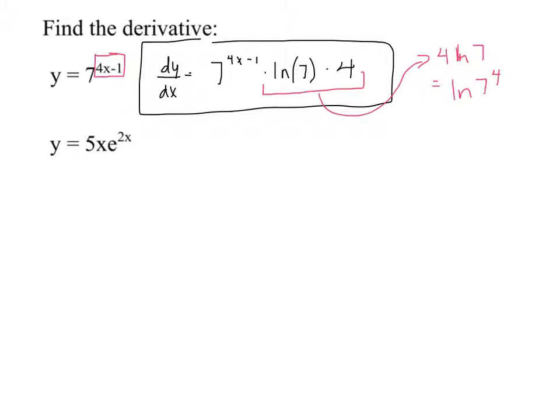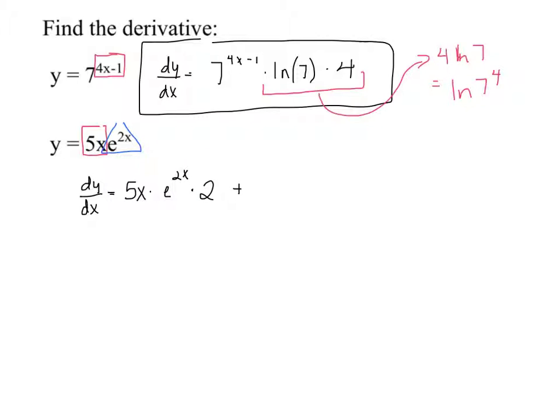Our next example, we've got a product, and we've got 5x. This is our first. Let's make e to the 2x our second. So we have first multiplied by the derivative of the second. The derivative of e to the 2x is e to the 2x, and then we multiply by 2 because of the chain rule.